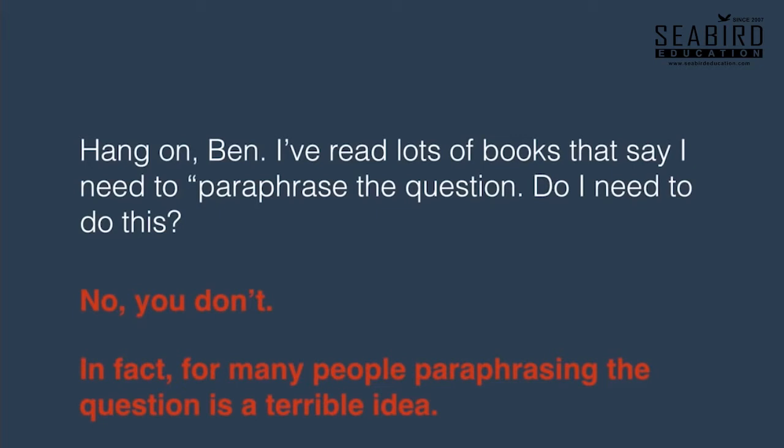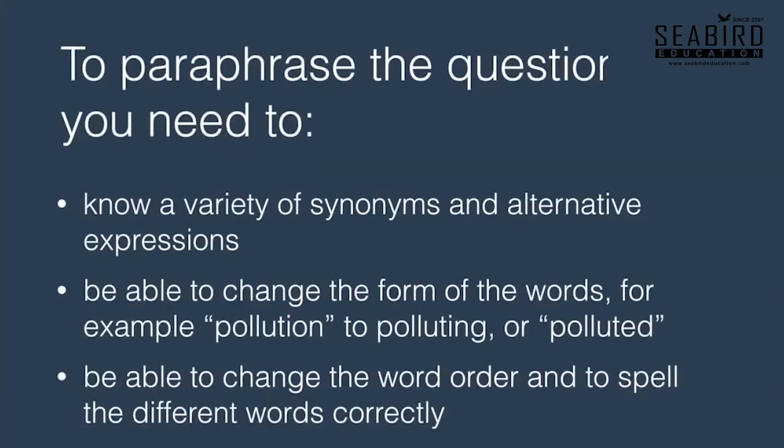Why is this? Well, let's try to use the paraphrase strategy and see why it actually is a problem for many people. If you want to use the paraphrase the question strategy, you need to know a number of things. You must be good at synonyms and using alternative expressions or writing things in different ways.